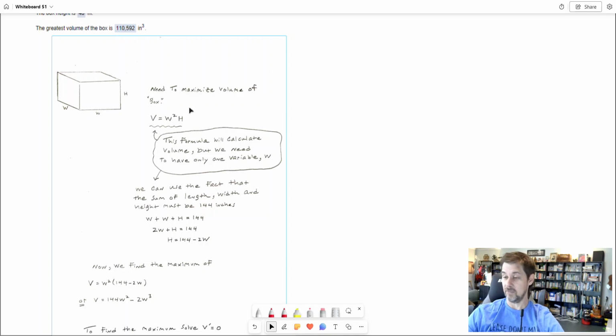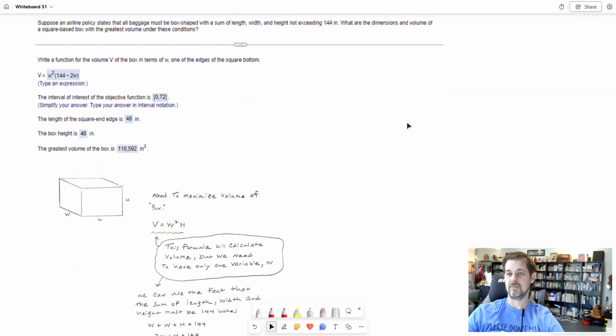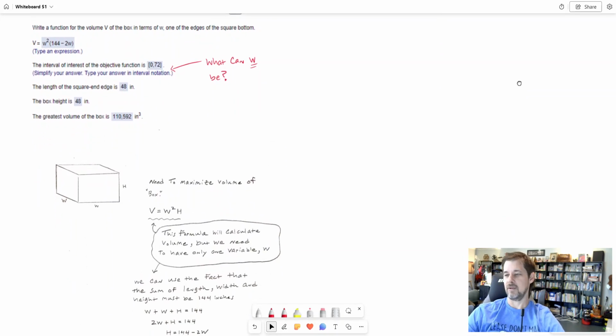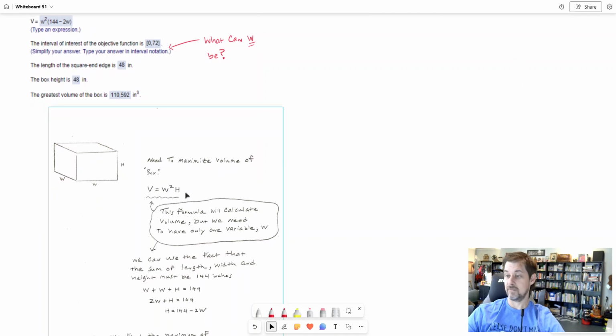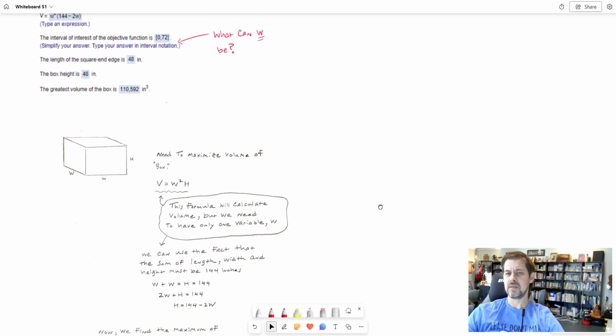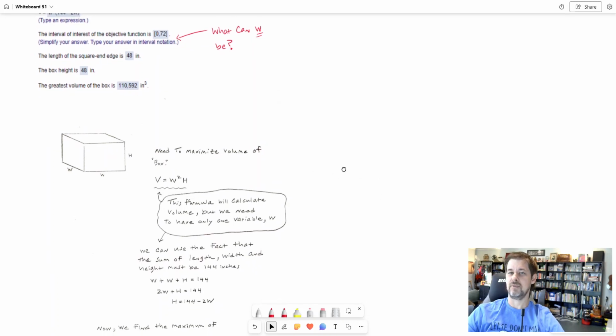That's the thing that we want to maximize. So we should start there always. If the question says, how do you maximize this or that thing, you need a formula for whatever they're asking you to maximize or minimize, whatever the case is.